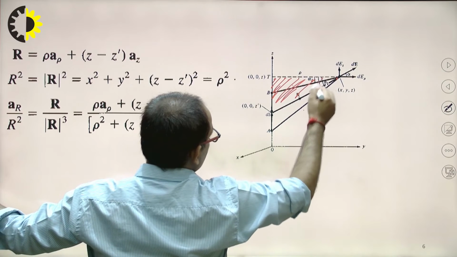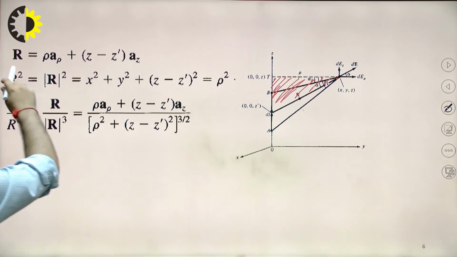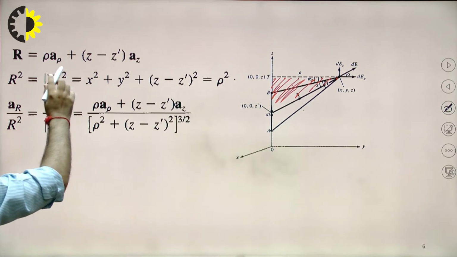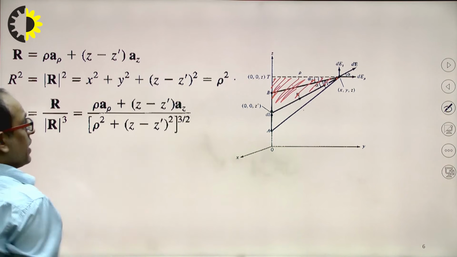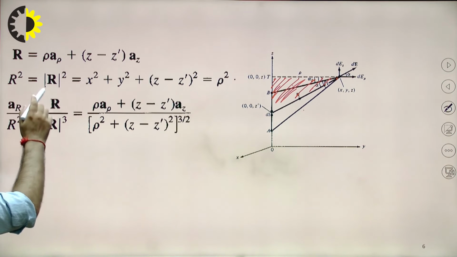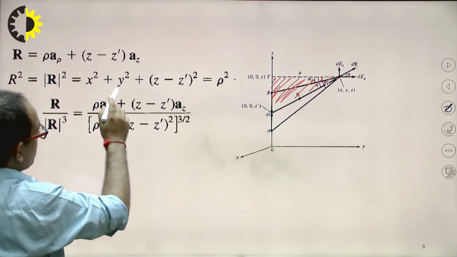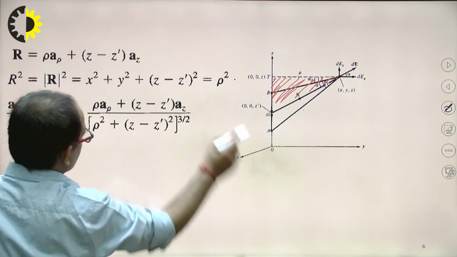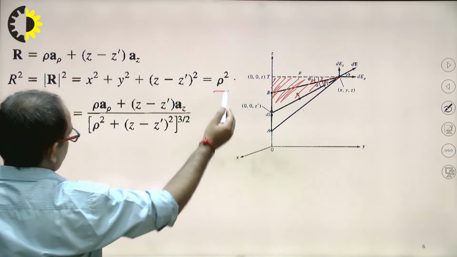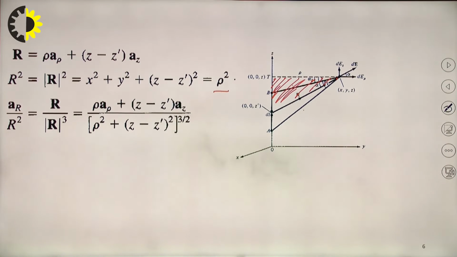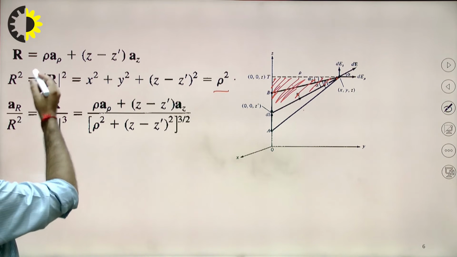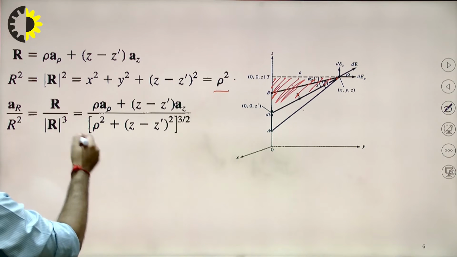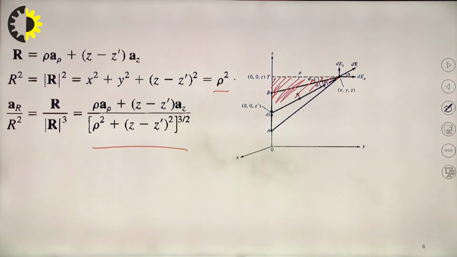From this angle, you will see that r vector equals rho a cap rho plus z minus z dash a cap z. Then r square equals x square plus y square plus z minus z dash whole square, equal to rho square plus z minus z dash whole square. Then a cap r divided by r square will be what? Just divide this equation, you will get this one.